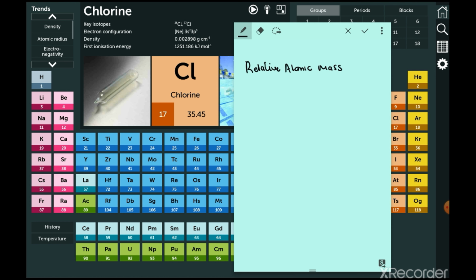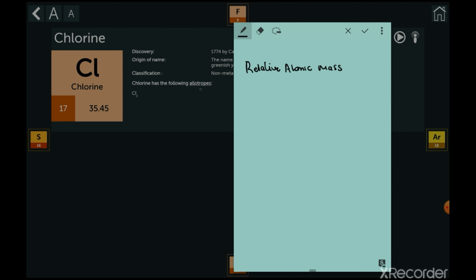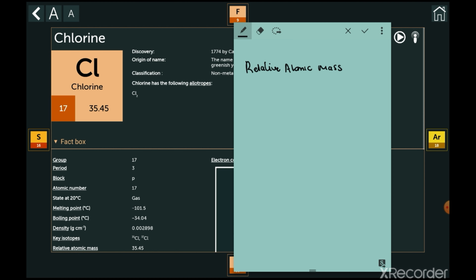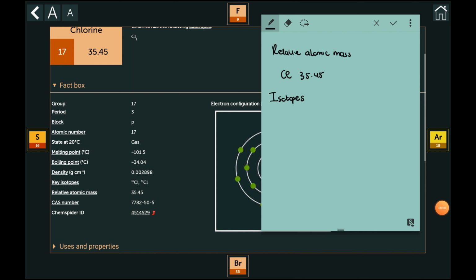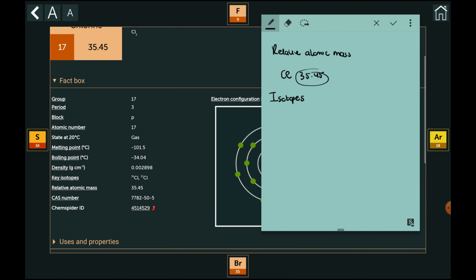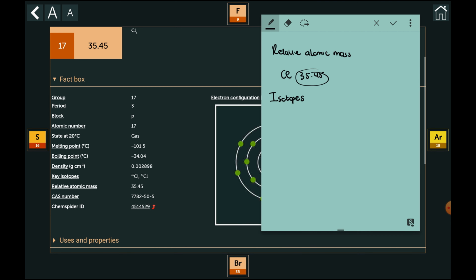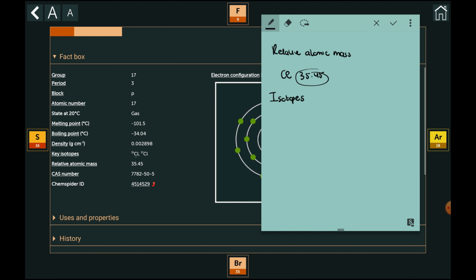Okay, I was thinking about this now since we're talking about chlorine. Now, chlorine, you can see, has an atomic mass of 35.45. Okay, so if we look at chlorine and we look at its relative atomic mass, which is 35.45, here you can see. And also, if you look at some of the other information given about chlorine, you can see that it has 2 key isotopes.